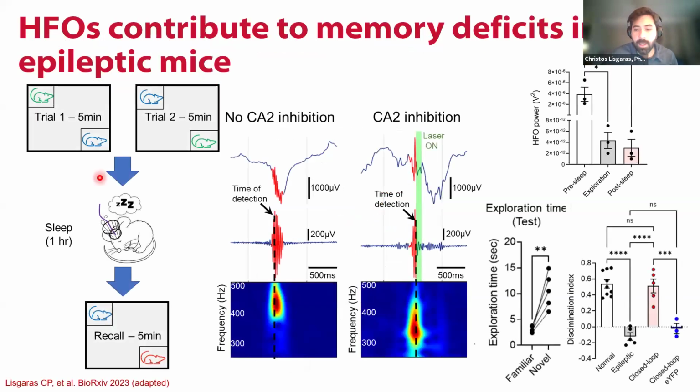So here is the experiment that we did. We had mice during a behavioral task. This is a social memory task. We have two mice on the opposite sides of an arena. They are confined in a pencil cup, and we have a subject mouse that we allow to explore those two mice.